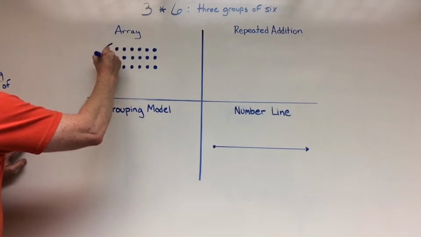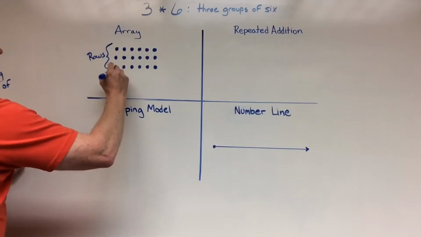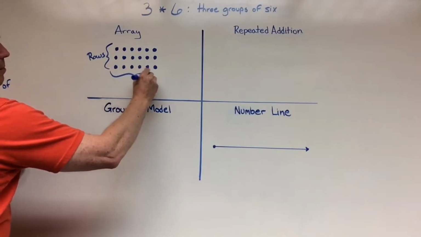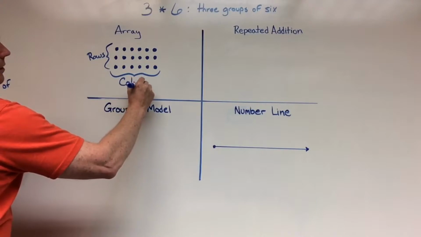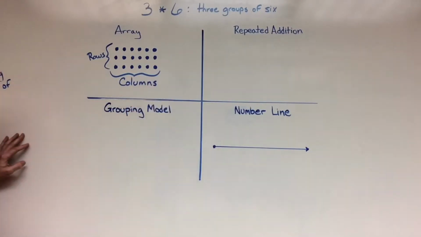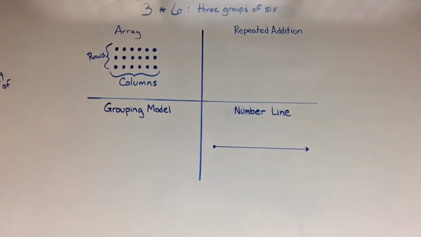Again, the side to side are the rows, and the up and down are my columns.